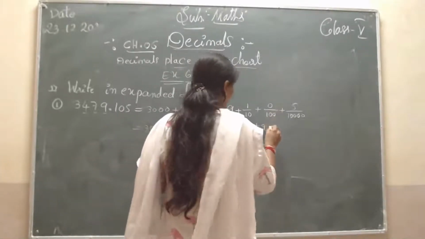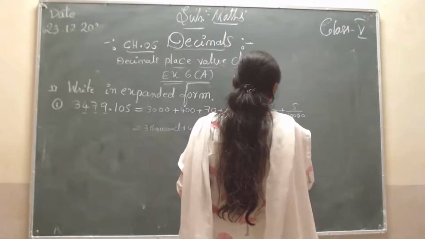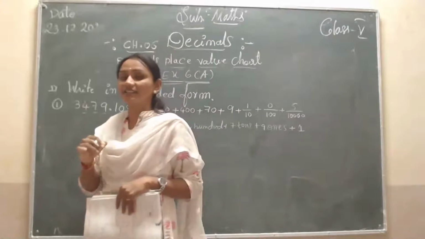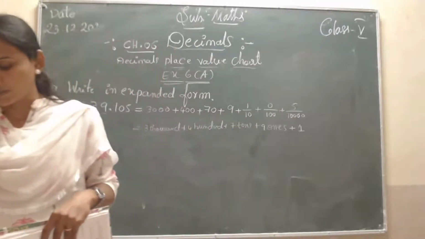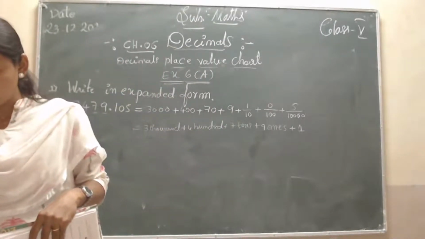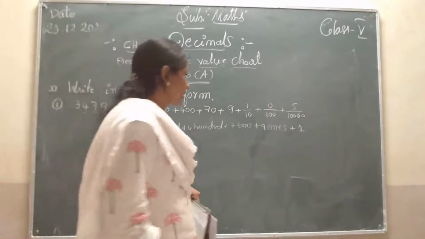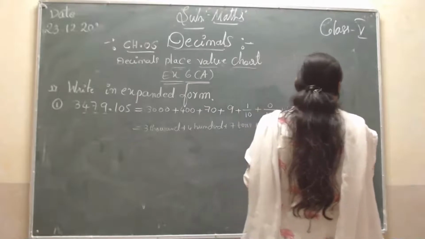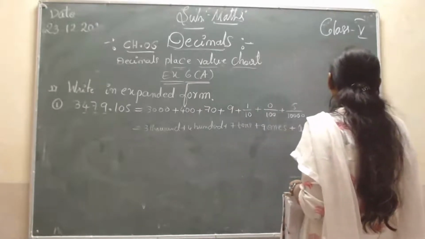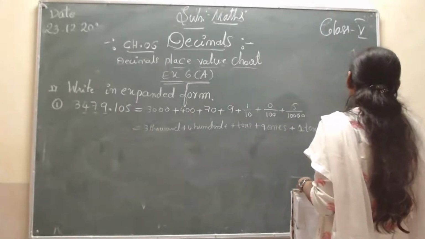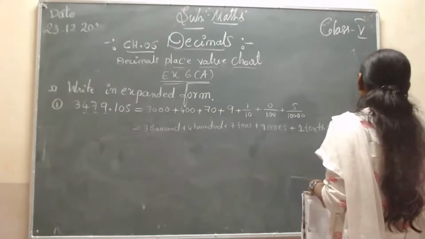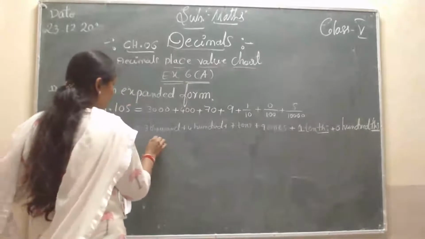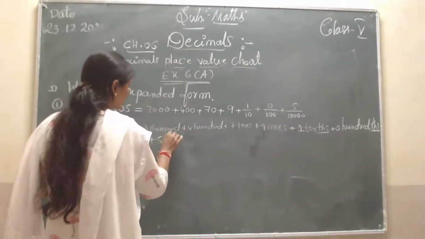So 9 is ones. Next, students, 1 is tens, you have to consider that. Next, 0 means hundreds. So next, 5 means thousands.